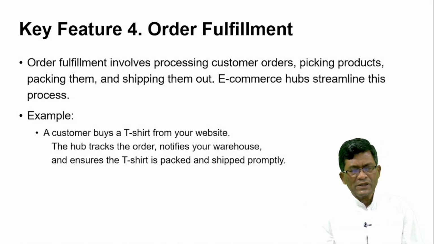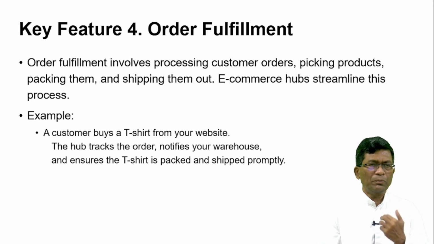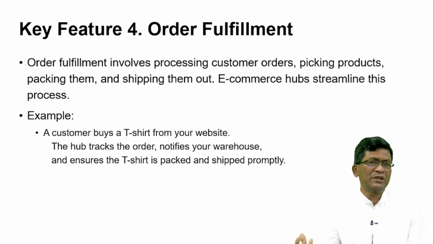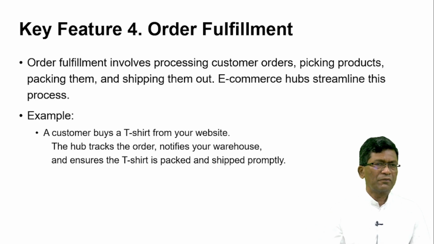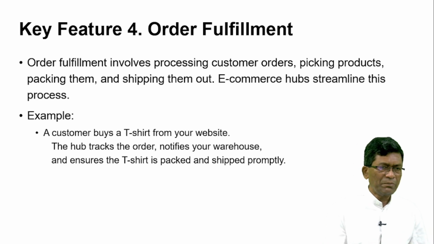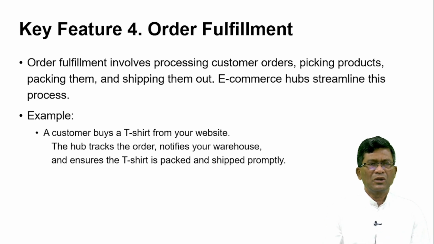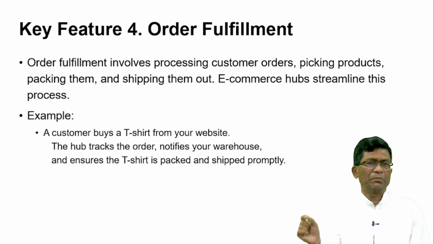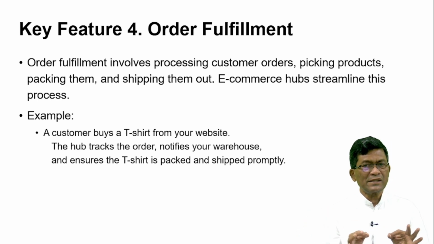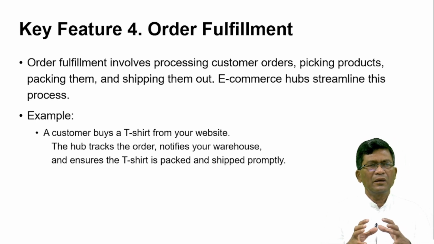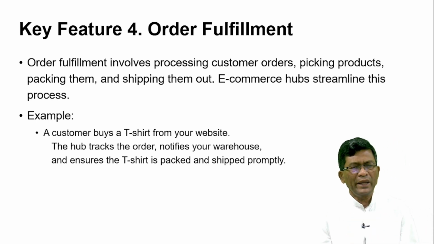Key feature 4 is order fulfillment. You have to process the orders by picking the products from wherever they are, from the warehouse or the manufacturing center, and arranging to pack them and ship them out. All these transactions and the process flow have to be streamlined, and this is taken care of by this aspect of eHub.